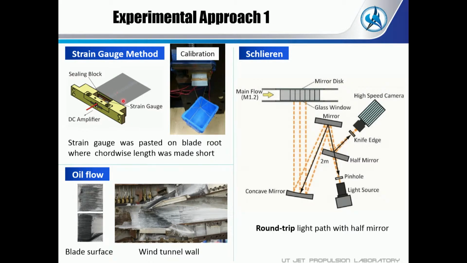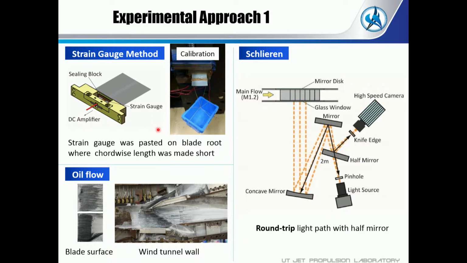If this is inserted in the wind tunnel flow, there is a small deformation of this part of the blade. So we can detect the deformation of the root part of the blade, and from this deformation signal, we can calculate the aerodynamic force working on the whole blade.